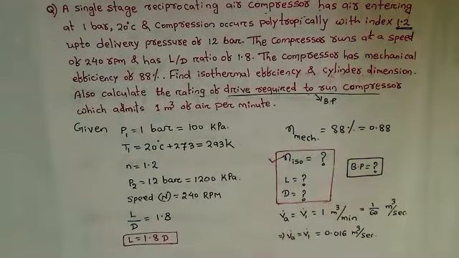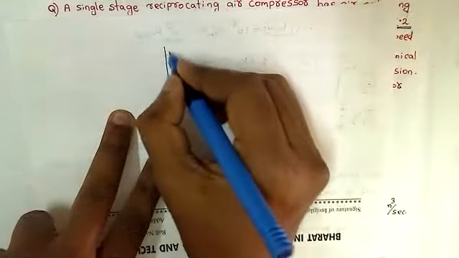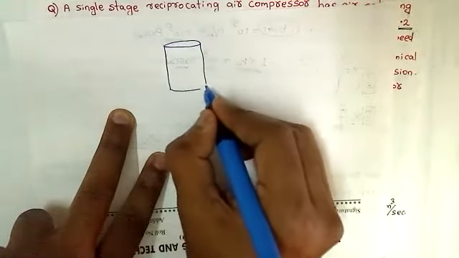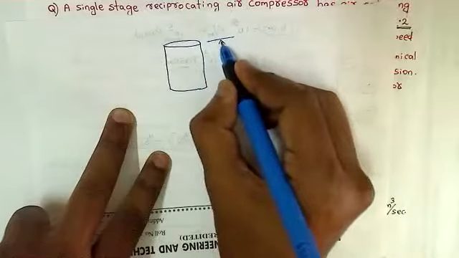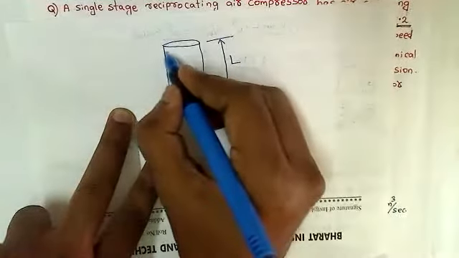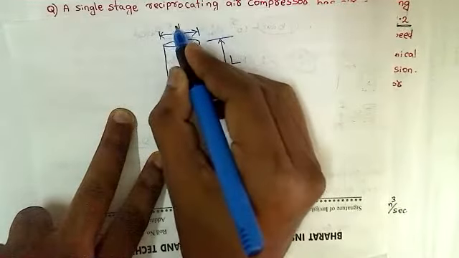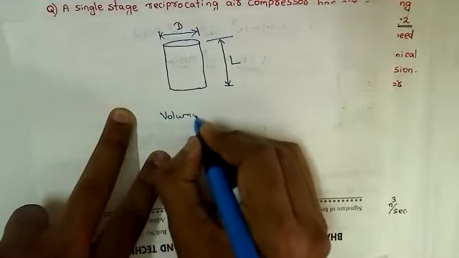I will explain. Suppose this is the cylinder of an engine. Suppose the length of this cylinder is L, and the diameter of the circular part is capital D. What is the volume of the cylinder?